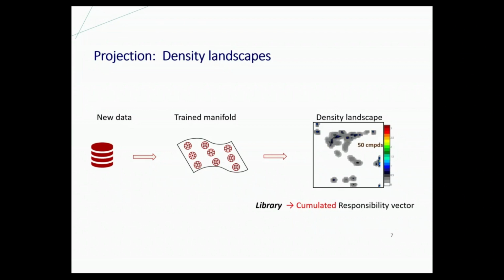You see there's a density landscape building up, like a cumulated responsibility landscape. And then the idea is straightforward. This kind of strange drawing, this kind of Rorschach pattern is somehow characterizing the library that you are mapping.